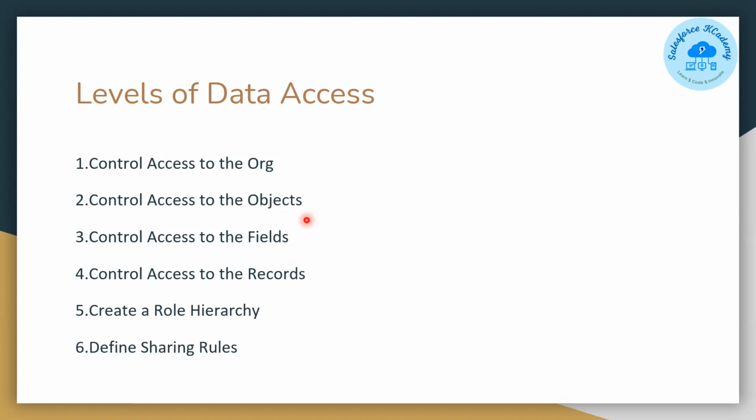If a user has access to the student object, and the parent and the teacher are both there, then the teacher needs to view the courses enrolled by the students, and the parent should also see the courses enrolled by the students. So there you make sure that particular field is visible to parent and teacher.